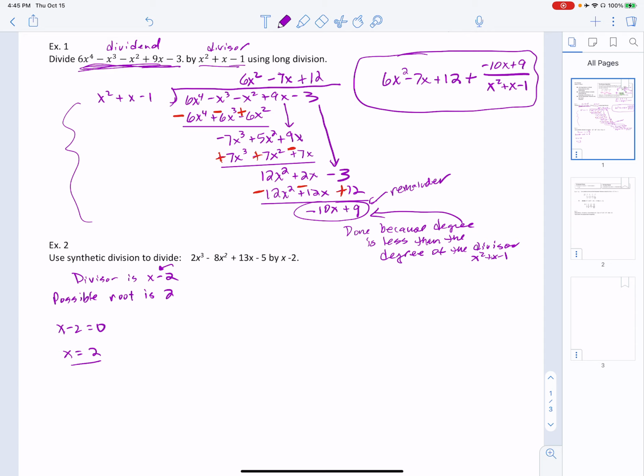And so it's basically the opposite sign that we're going to use in synthetic division. So we are going to use 2, and this is how I structure my synthetic division. Notice that this was minus 2, so we're using the opposite sign. And then we're going to take the coefficients of my dividend, and every descending power must be represented.